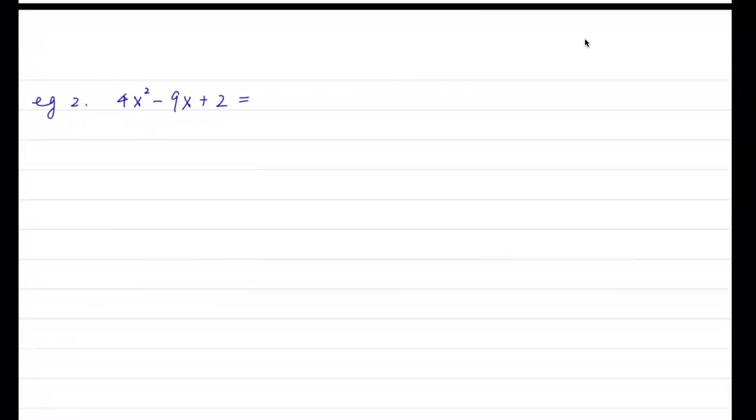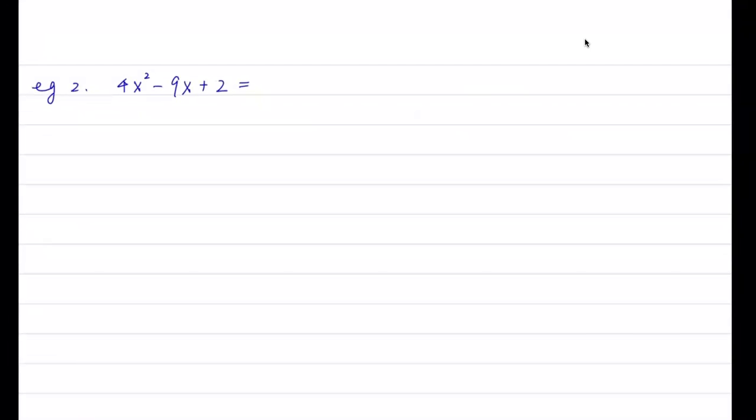Like we did in the first example, all the steps are identical. First of all, we need to write this as 4x squared minus, because we have a minus sign here, we need to have brackets. We need to have brackets to put around m and n.